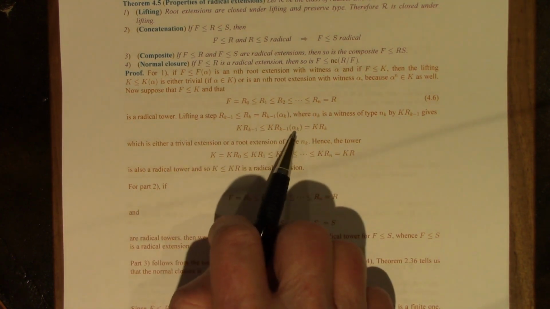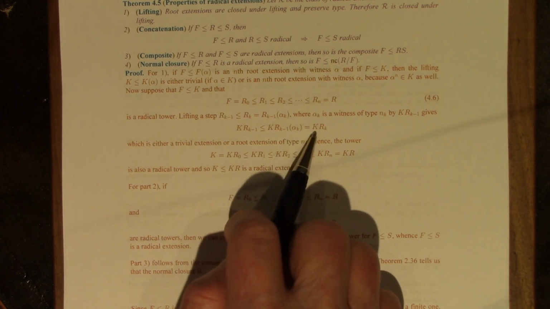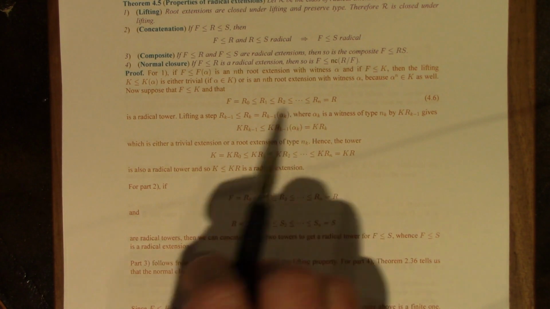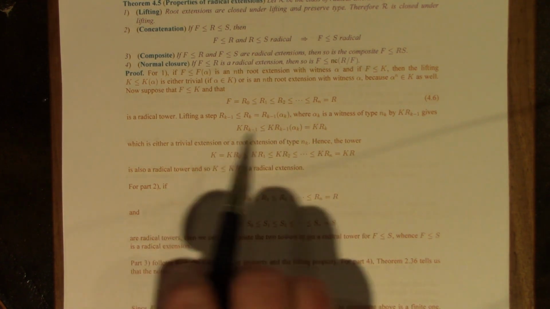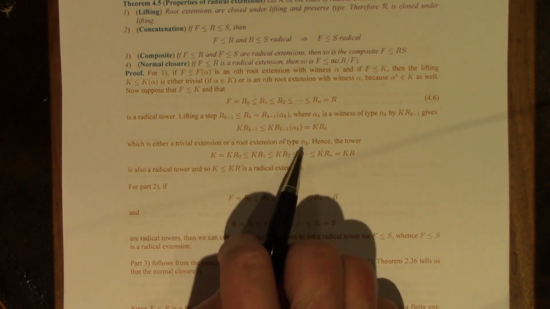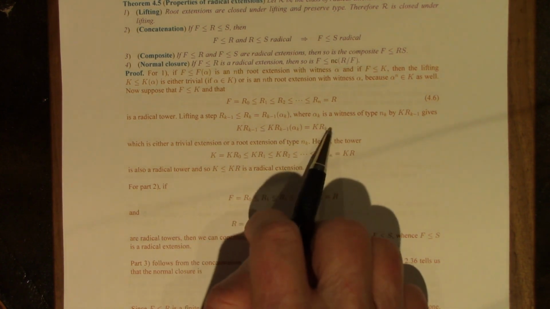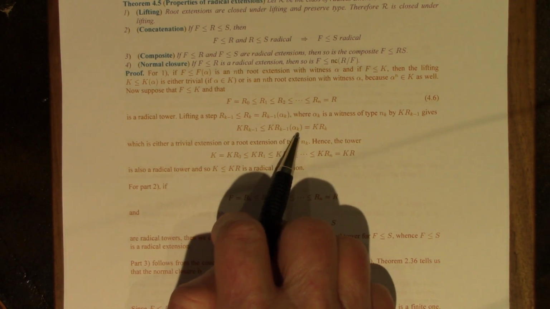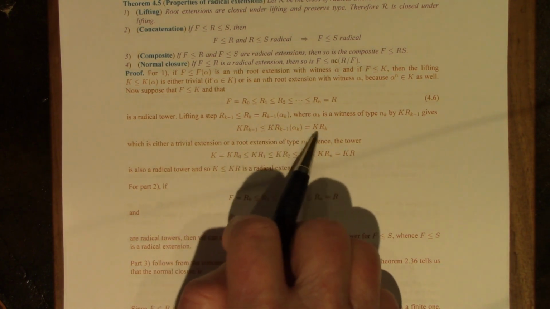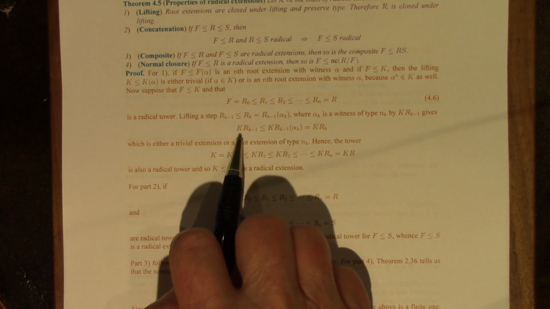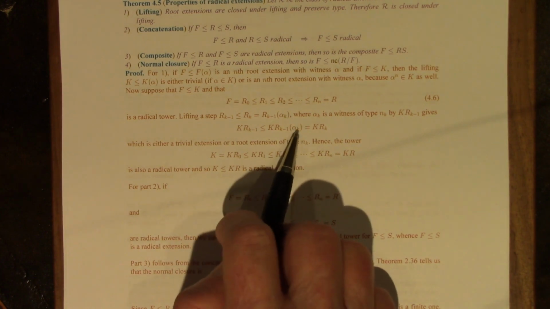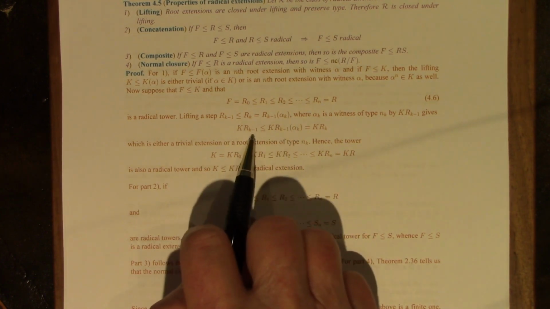And that is either trivial, if K has enough stuff in it to absorb the step here, or it's a root extension of type n_k, as we have the same discussion we had before. Alpha_k generates K(R_k) over K(R_{k-1}), and its nth power lies in F, and so it lies in here.